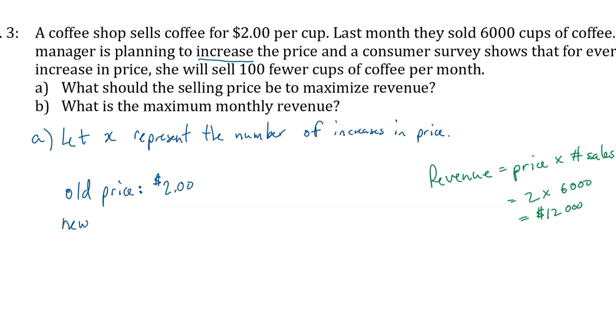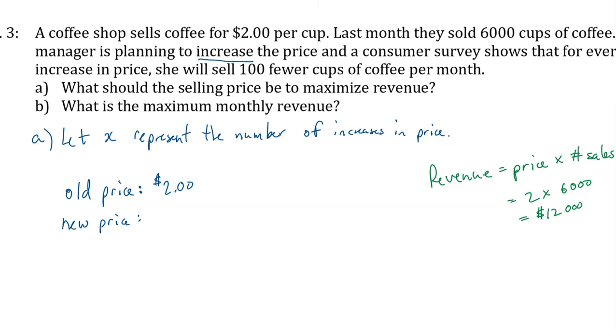What is the new price? Well, the new price is increasing, so it's going to be more than $2, yes? With one increase, it would be $2.05. With two increases, it would be $2.10. With three increases, it'd be $2.15, and so on.